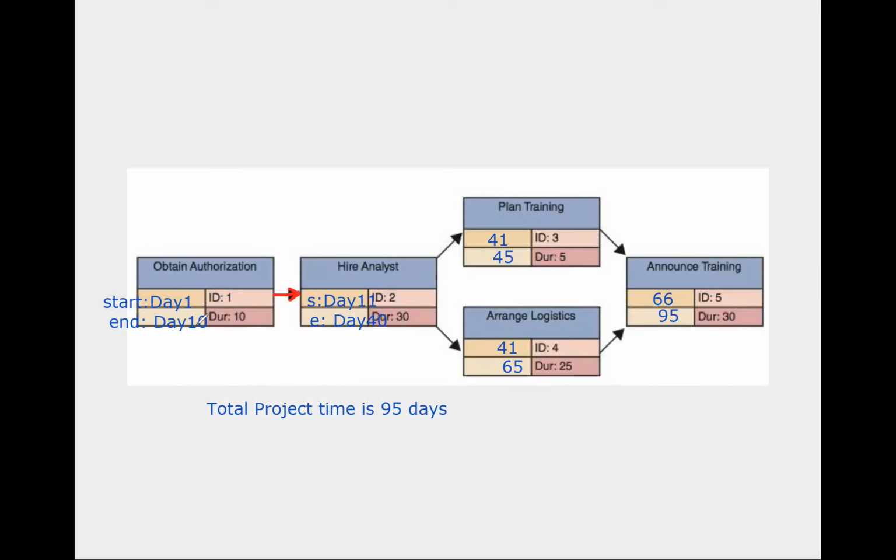So day 1 to day 10, you start with day 11 and end with day 40. Then both start with 41, but this will finish early, right? This is the one that takes too much time. So this is in the critical path.